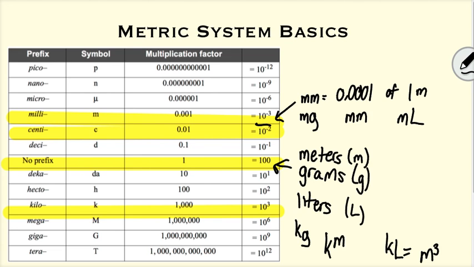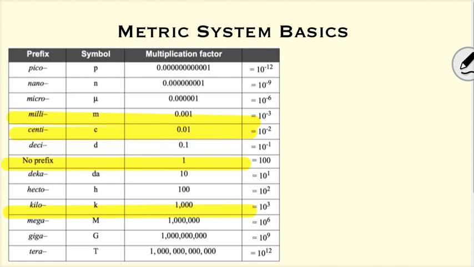Okay, so let's go ahead and do some examples. That'll be the easiest way to learn this. Also, though, before we do that, some equivalencies that are good to remember: because a millimeter is 10 to the negative 3 meters, there are 1,000 millimeters or milligrams or milliliters in 1 meter.